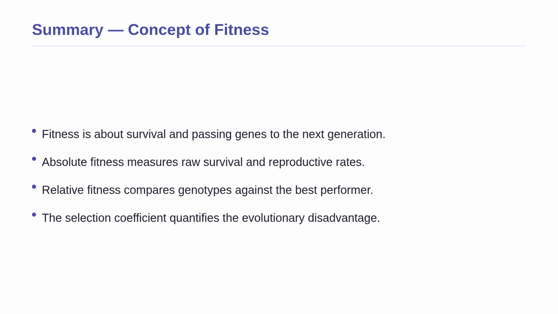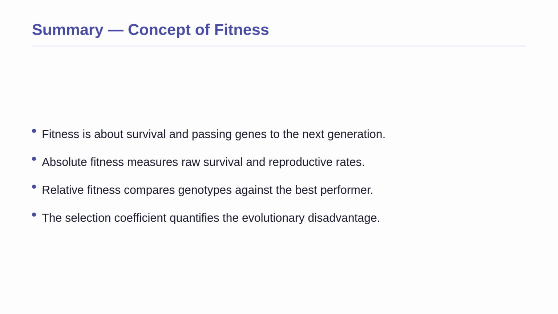We have covered a lot of ground today, so let us review the key takeaways. First, remember that evolutionary fitness is not about physical strength. It is entirely about how successfully an organism survives and passes its genes to the next generation.